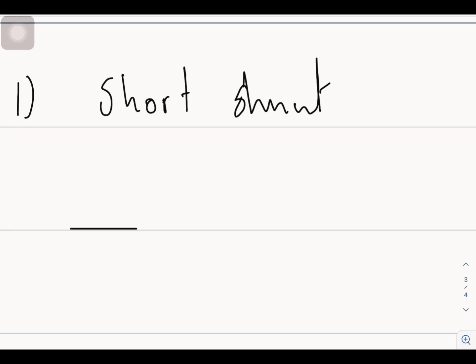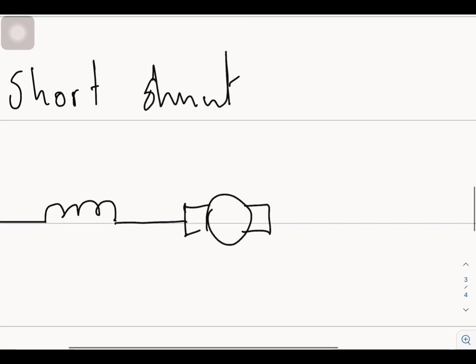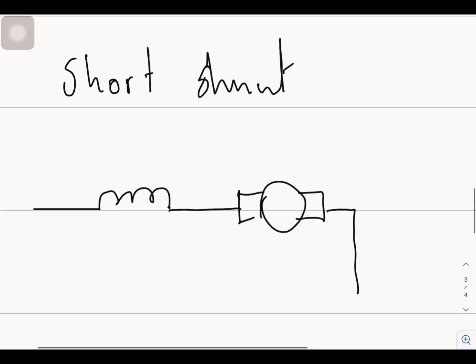It simply means that a shunt field winding, and there is obviously a series field winding because this winding is connected in series with the armature.